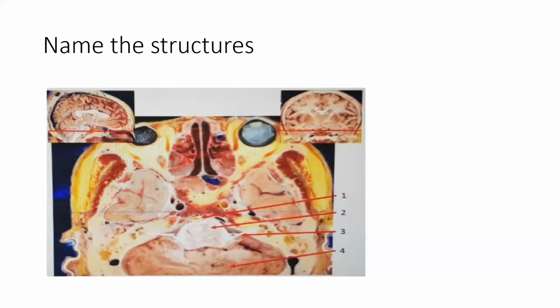Middle cerebral. Okay. So this one here is actually the basilar artery. The middle cerebral for this level is going to be these two larger arteries that are here at the side.